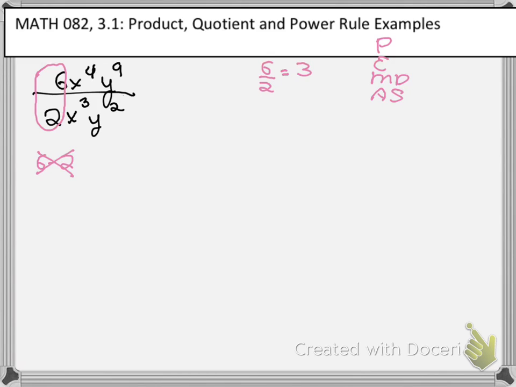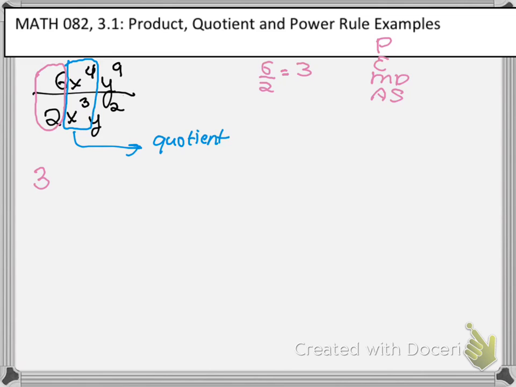So we have 6 divided by 2, and I'll just write over here that gives us 3. Okay, and then we have this expression right here. We have x to the 4th divided by x to the 3rd. What rule is that? Well, that is the quotient rule. Remember, quotient is sort of a fancy word that indicates that we're using division.